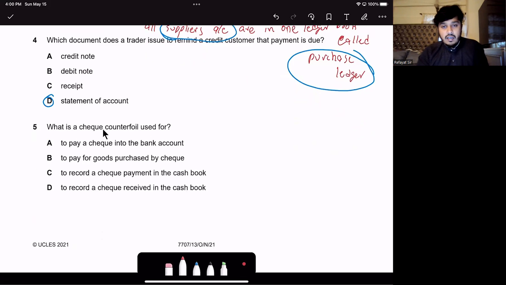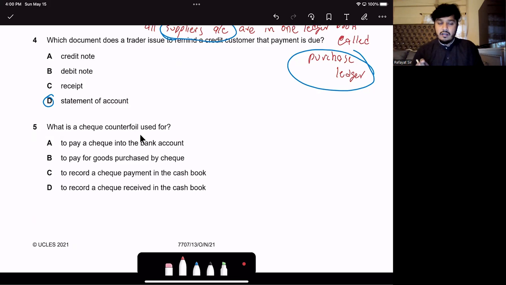What is a check counterfoil used for? What's a check counterfoil? In every checkbook, you'll find there is a page which you can tear off, and there's another page left behind with the checkbook. That page left behind is a check counterfoil. Whenever we issue a check to someone, we write down the name, the amount, and we give our valid signature.